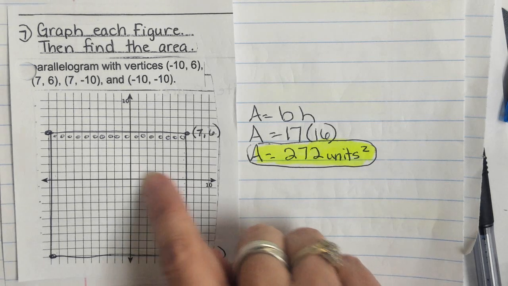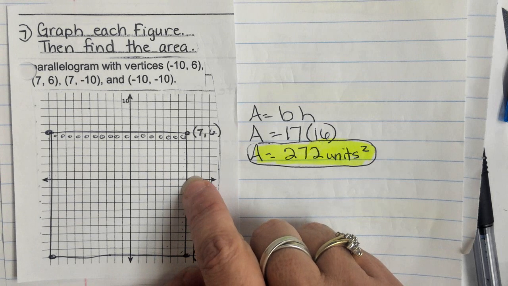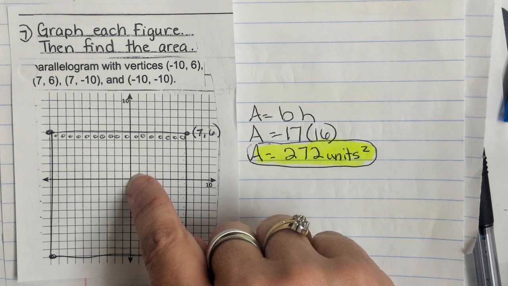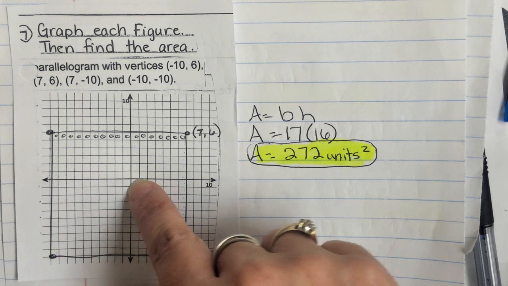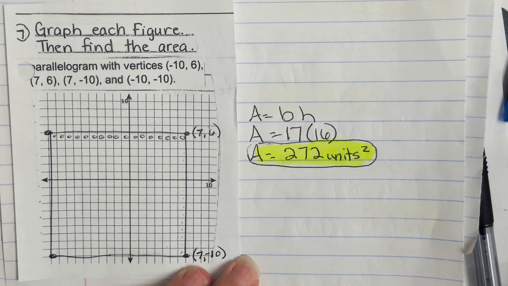And really, if you go over to the 7, so from here to here is 7, and then you had to go to negative 10. So negative 10 plus 7 is 17. Check it with points. That's just the way we should do it.